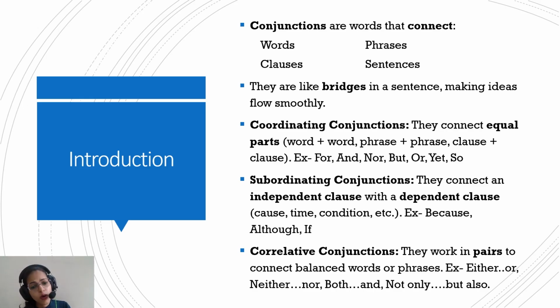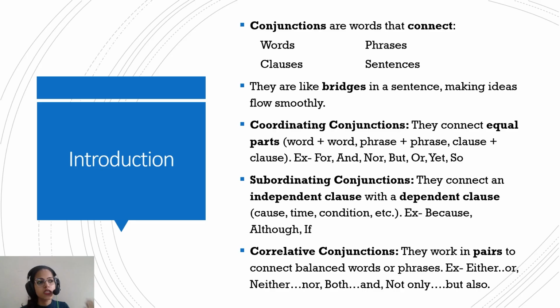Subordinating conjunctions connect an independent clause with a dependent clause. For example, they are giving a cause or some kind of condition. So for example, "because".